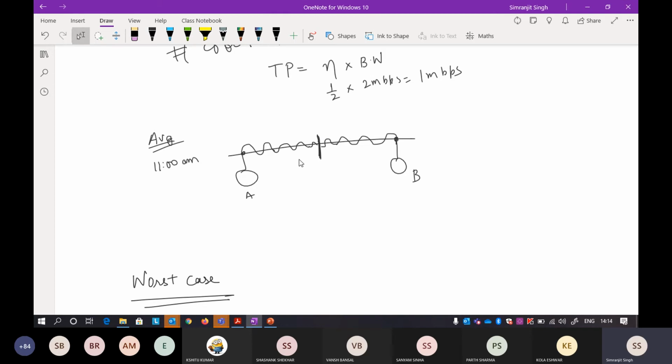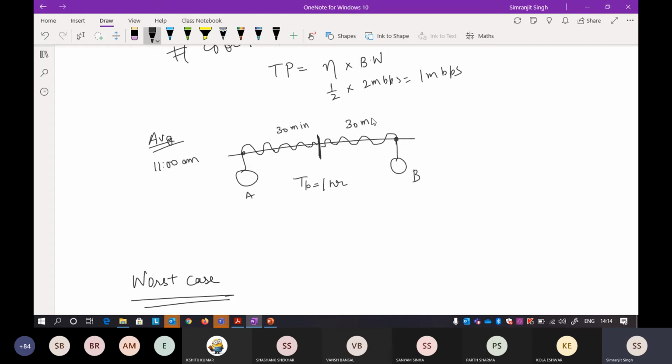Now what exactly will happen here? Suppose I take TP as 1 hour, just assume so that you will easily understand. When this collision occurs, 30 minutes are required to reach the midpoint.